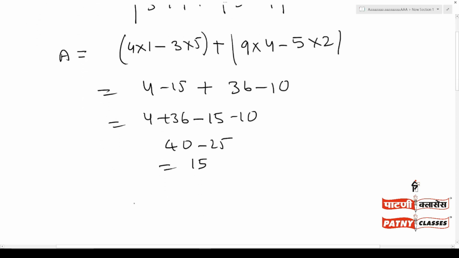Therefore determinant of A equals to 15.